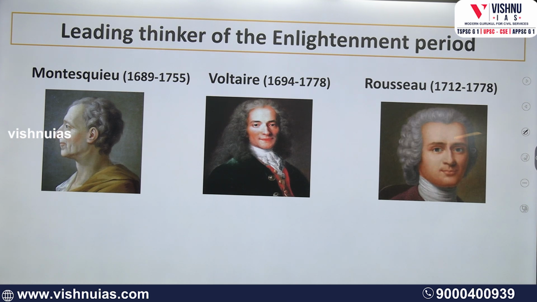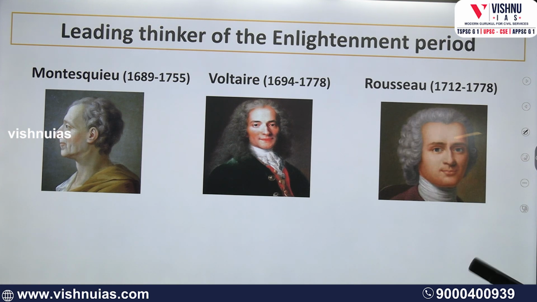Please understand, these thinkers also contributed massively in the rising of Americans against the British. Because we and you, ordinary people, might take part in the revolt, but these were the people who gave the direction. Okay, this has to be done.